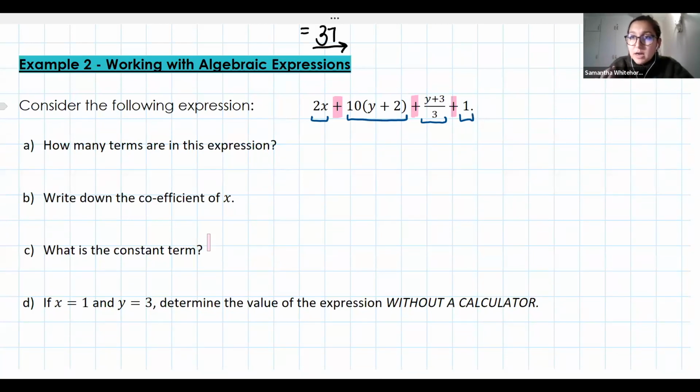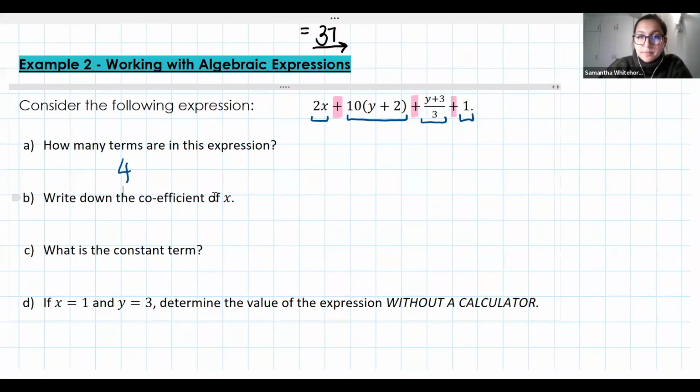Those 3 plus signs separate term 1, term 2, term 3, and term 4. I've harped on about this lots, but being able to identify your terms is very important, because if you want to simplify expressions, you need to know what terms you're working with.